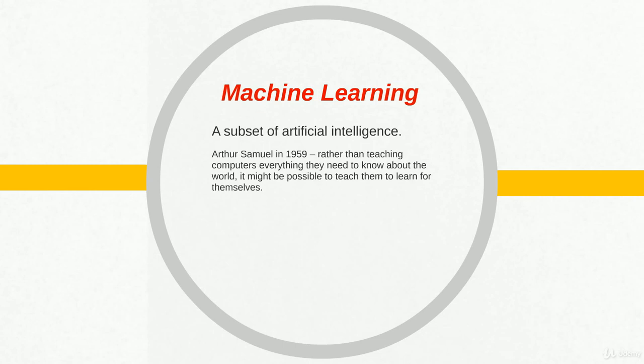He decided that we could teach computers how to learn instead of trying to give them a large rule set or teach them every single little thing that they would need to know about the world. So this is more similar to how you and I think, and really began the route towards machine learning.